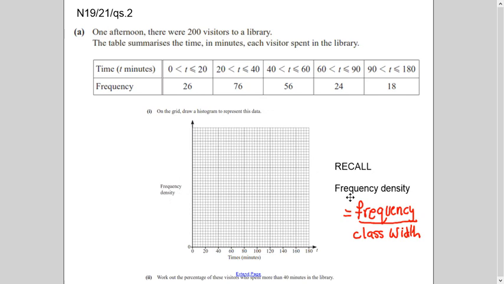Now, if you can recall, frequency density is actually frequency divided by class width. So whenever the group is unequal, it is a must to use frequency density. Even if it is not mentioned here, you should know that you have to use frequency density on the y-axis. So let's first of all find out the frequency density for each interval.